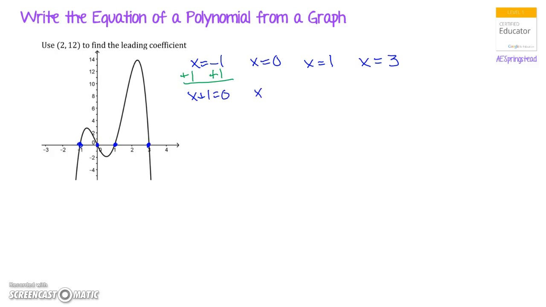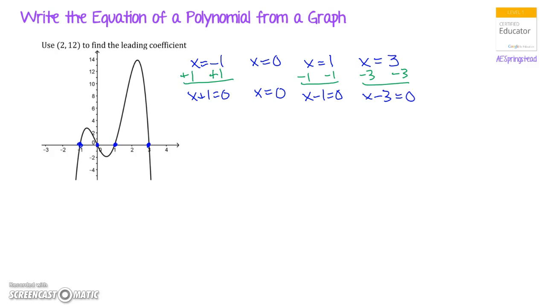The second one is already equal to 0. The third one, we're going to subtract 1 from both sides, and that will give us x minus 1 equals 0. And finally, subtract 3 from both sides of this last one to get x minus 3 equals 0.